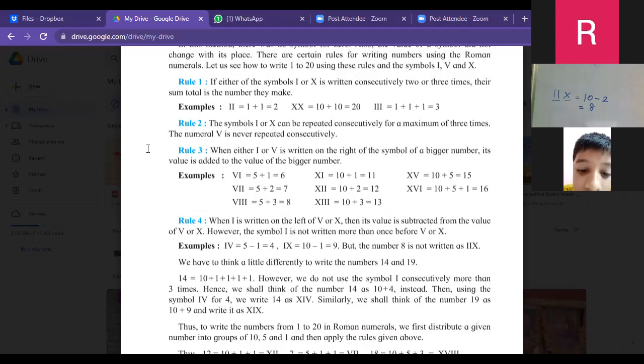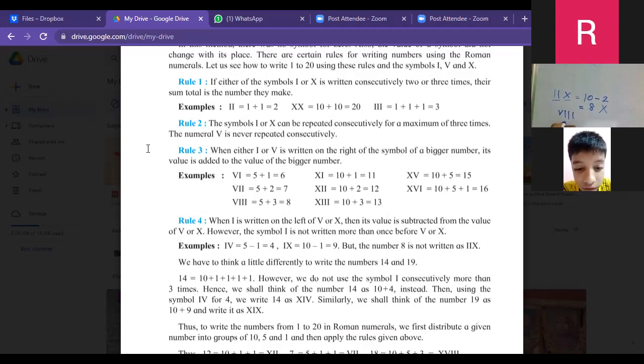No, this is not a way of writing 8. Correct? How can we write 8? We can write 8 like 5 and 1, 2, 3.